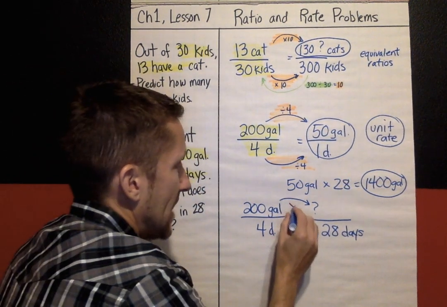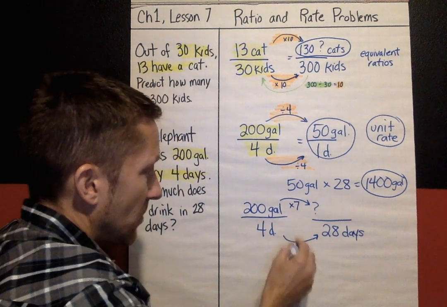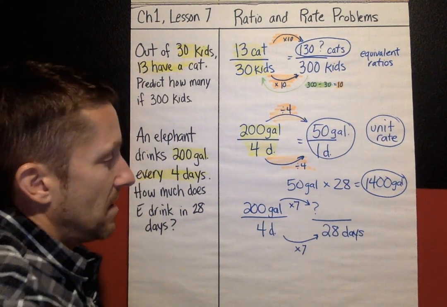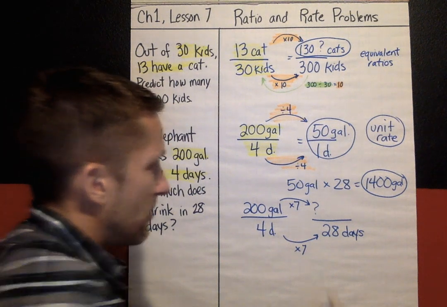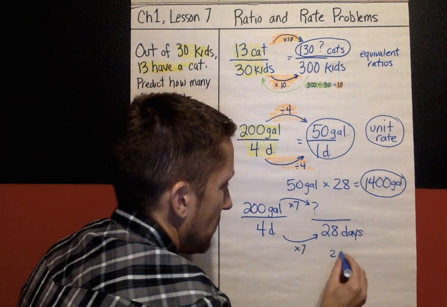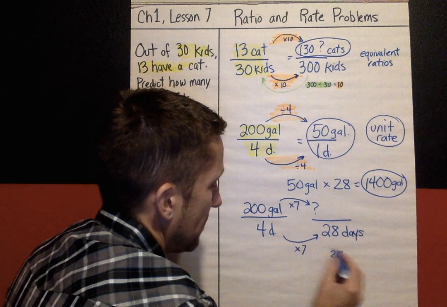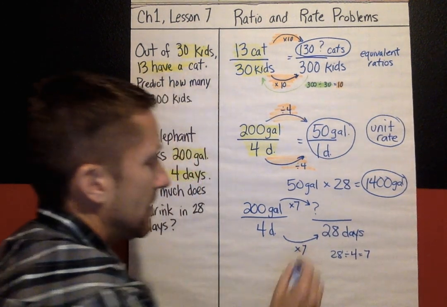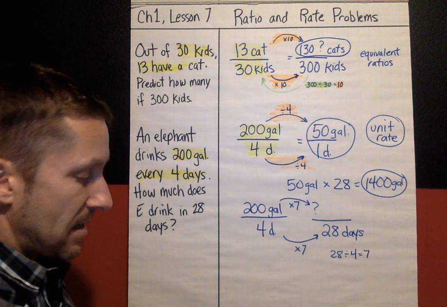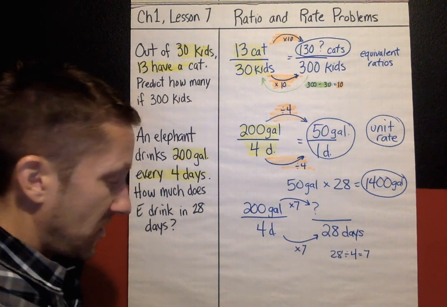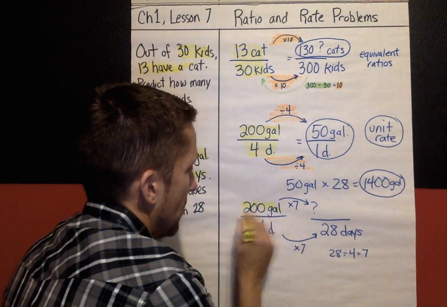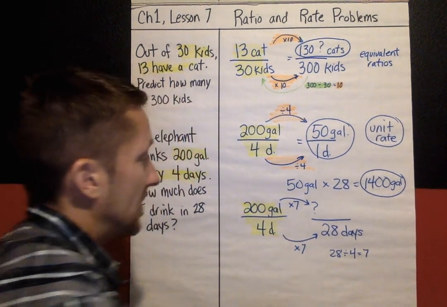So now I know that that number is 7, which means I have to multiply this number times 7. Let's go ahead and write that down just in case you forgot. 28 divided by 4 would give you that number, 7. Okay, and again, let's just show our highlighting. Our starting ratio is that.